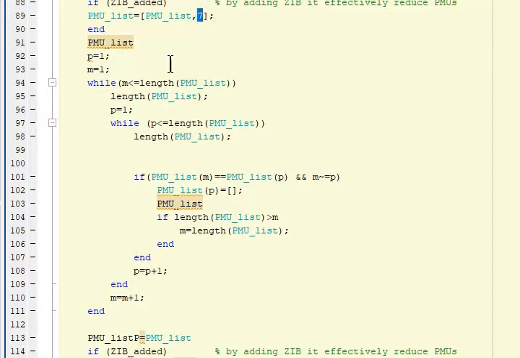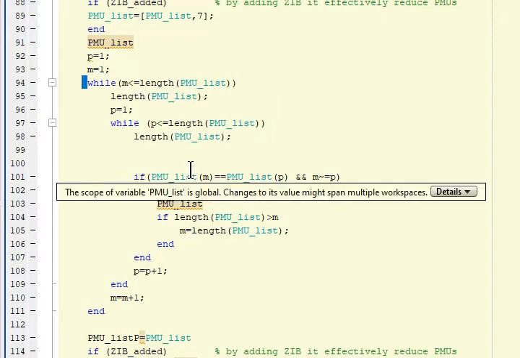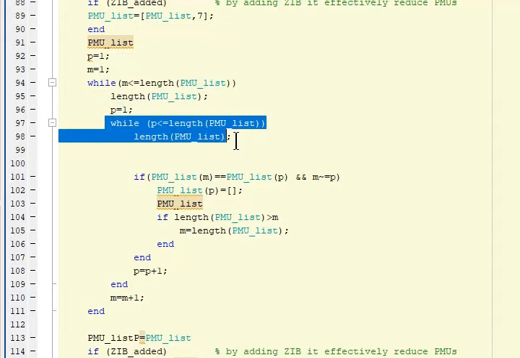So again we are checking that the length of the PMU list is less than or equal to m. We make a for loop, and in the for loop we check whether any PMU in the list is repeating, which means redundant.